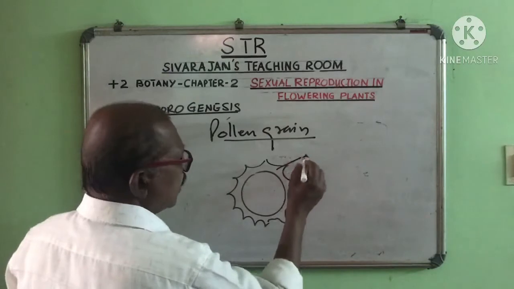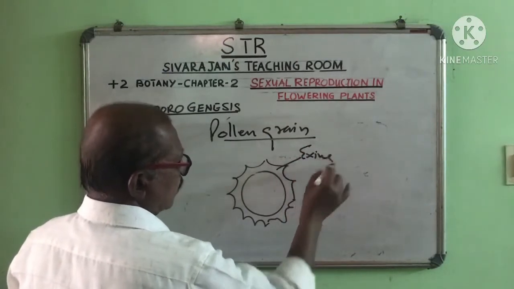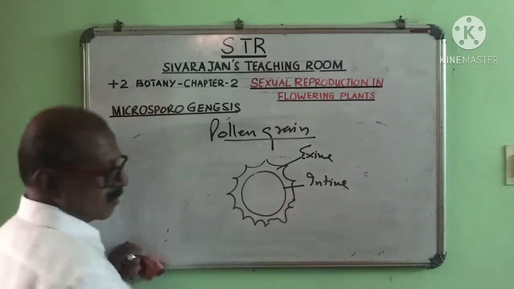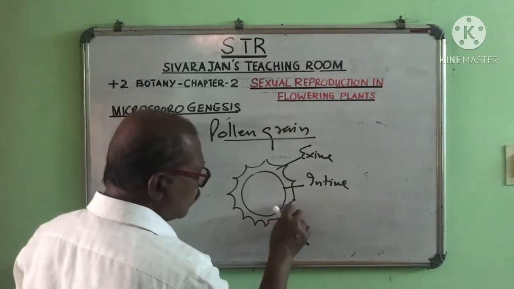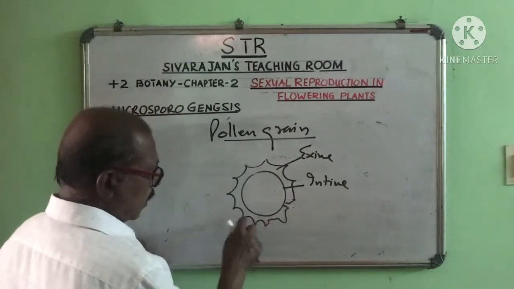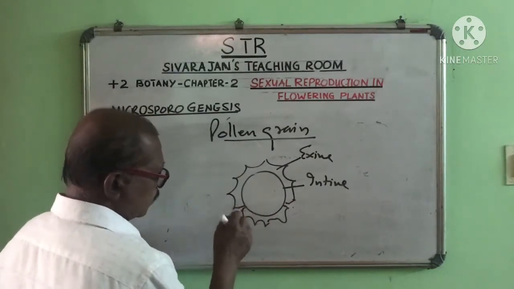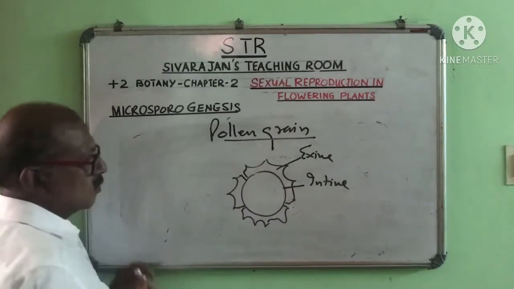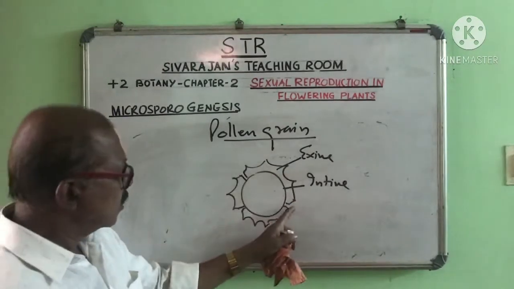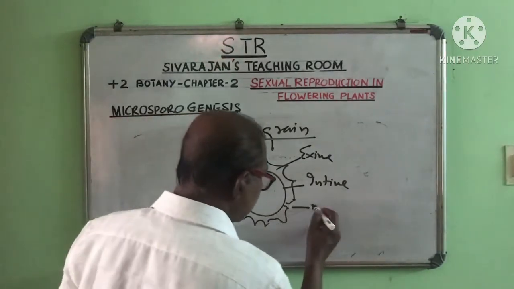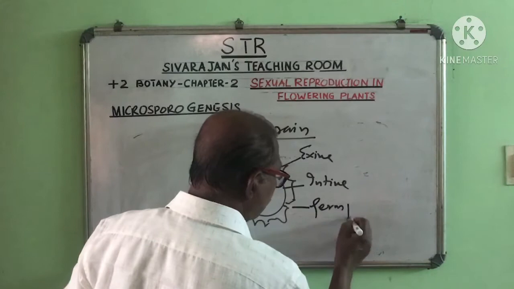The outer covering is called the exine and the inner covering is called the intine. The exine has some openings here and there. Here is an opening, and here is an opening. They are called germ pores.